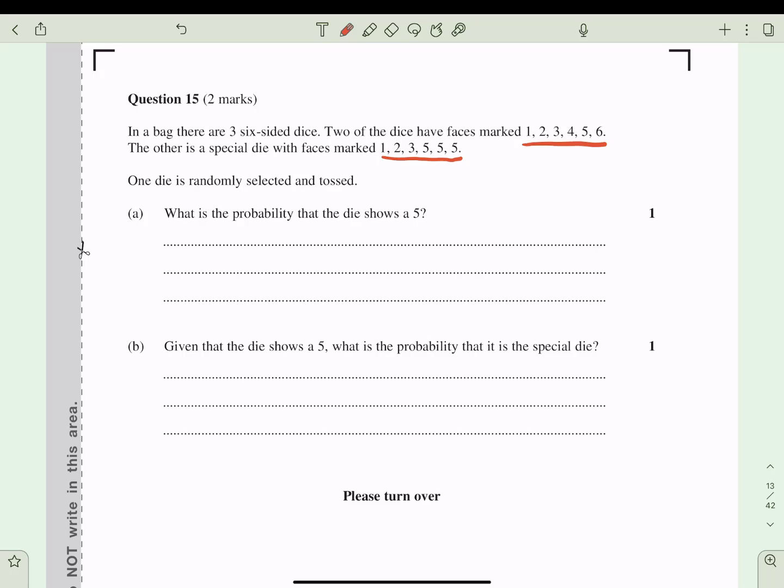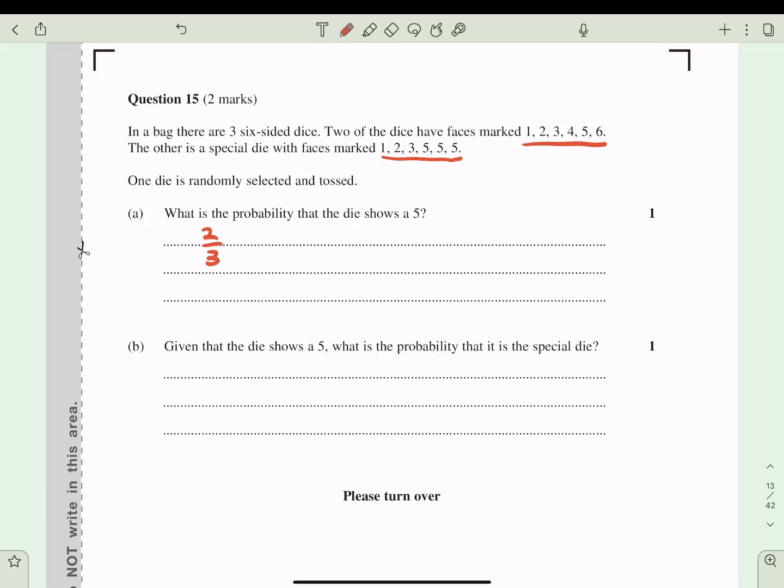Now, this is a really tricky question because there are 2 different types of dice, so we have to take into account 2 different possibilities when taking out the die. First of all, the first case is that we take out a normal die. What's the probability of that happening? 2 on 3.